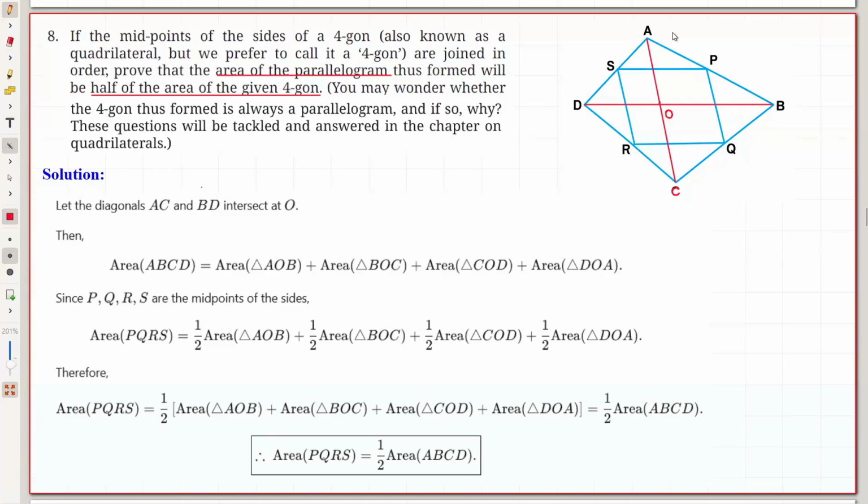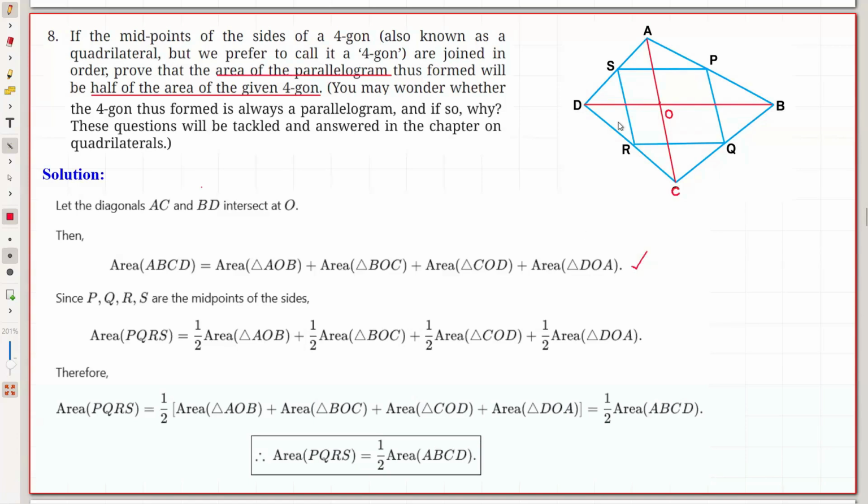The total area of ABCD is divided into four triangles. I am just splitting it: area of triangle AOB plus BOC plus COD plus DOA. If you add the four areas of the triangles, you get the area of the quadrilateral ABCD.